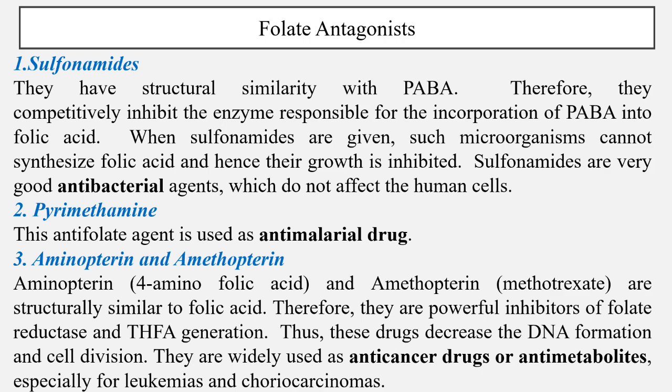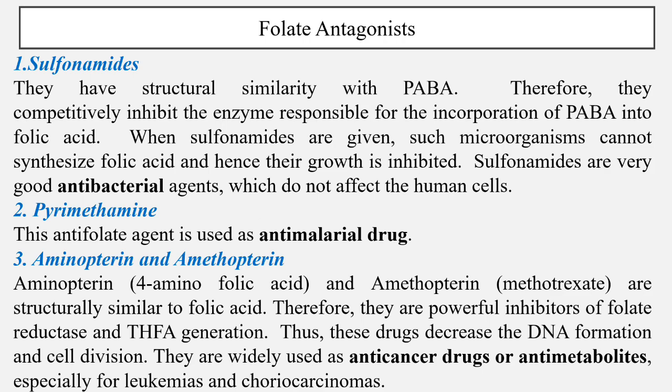Sulfonamides: we already discussed the structure of folic acid, which has PABA, a pteridine ring, and glutamic acid. Sulfonamides have a structural similarity with the para-amino benzoic acid component of folic acid. Due to this similarity, they inhibit the synthesis of folic acid by competitively inhibiting PABA.